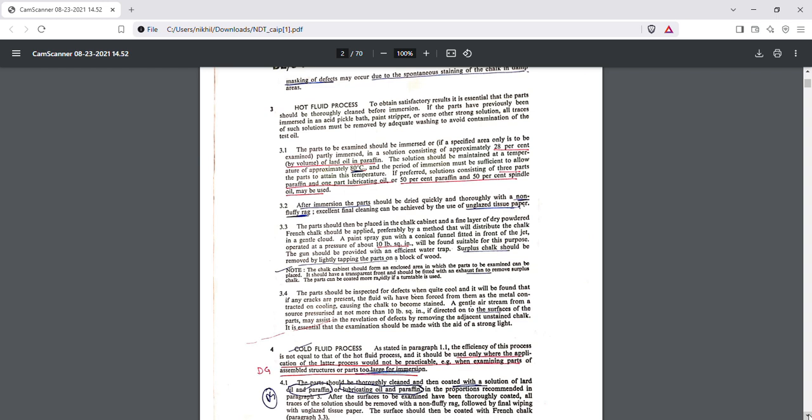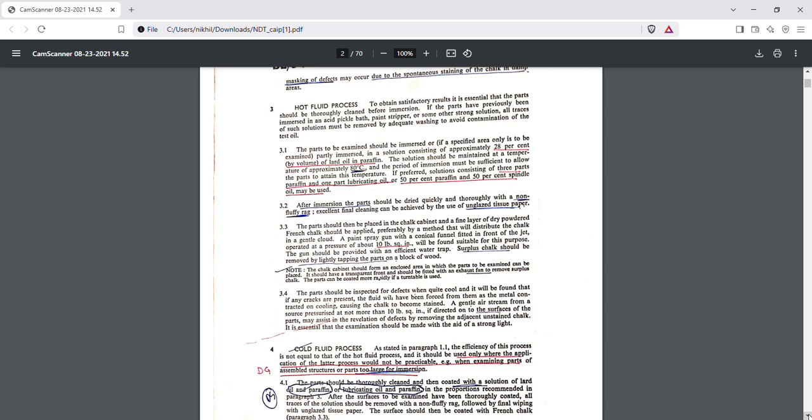And now we come to the hot fluid process, how to do it and how it would be done. To obtain satisfactory results, it is essential that the parts should be thoroughly cleaned before immersion.